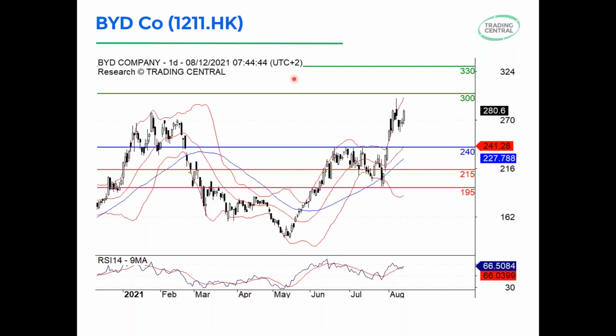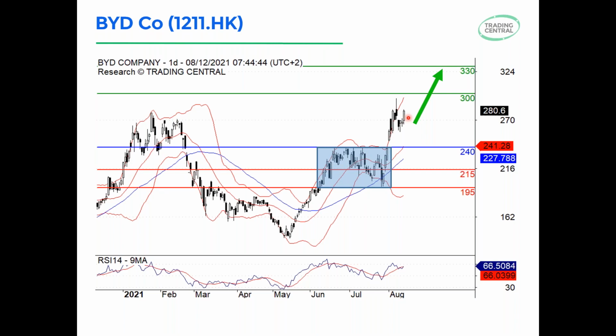BYD, you know what it is? It is like Tesla. It is an EV company operating in China, but it is selling overseas also, and it is producing EVs and at the same time producing batteries for EVs. Recently, we can see it has just emerged from a consolidation state and is trending higher, advancing.